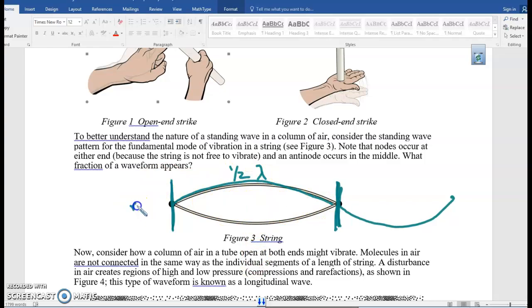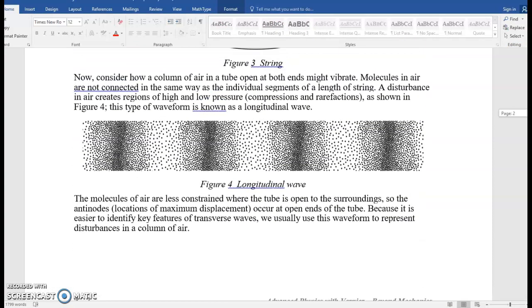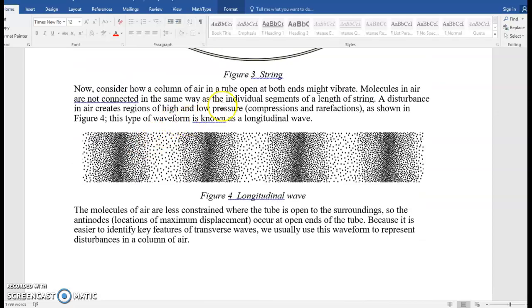This would be the areas where we have nodes. And then this large part right here would be the antinode. But again, we're going to be doing more of the air setup. And so what we're going to find here is that we have these compressions or condensations, I believe I referred to them in our notes, and rarefactions.